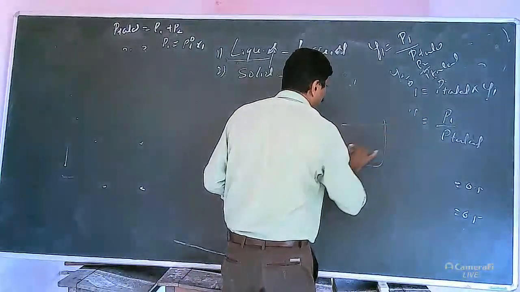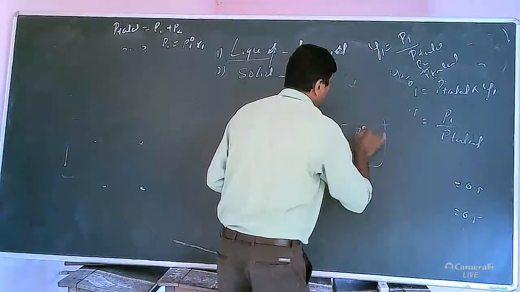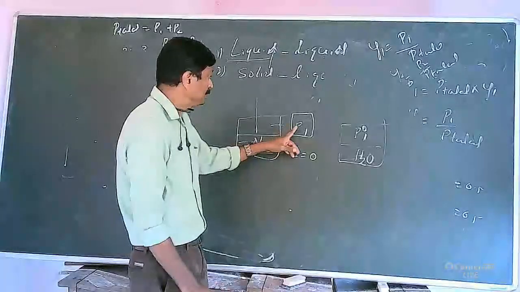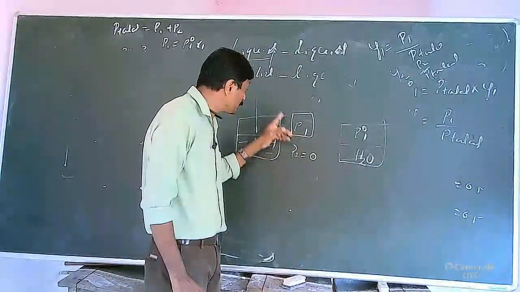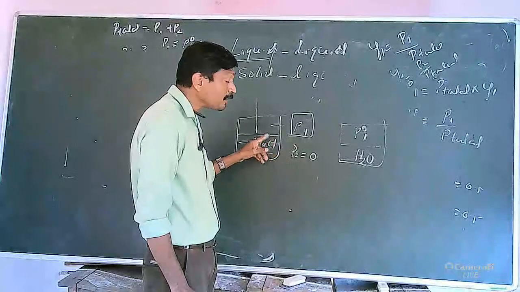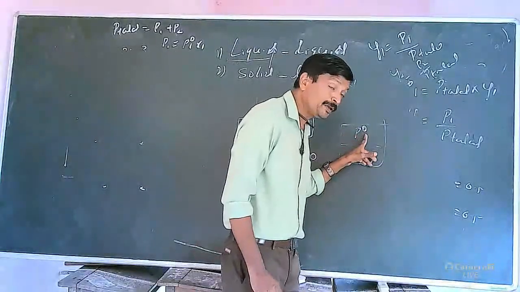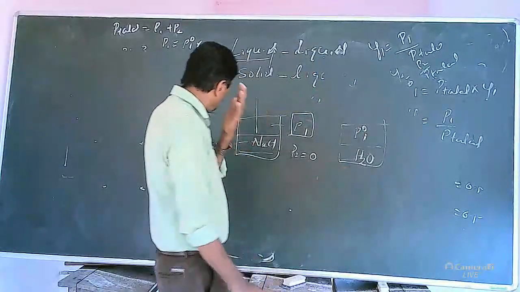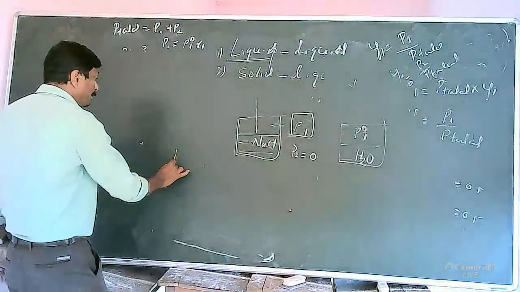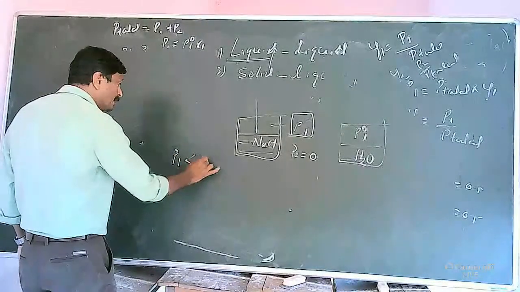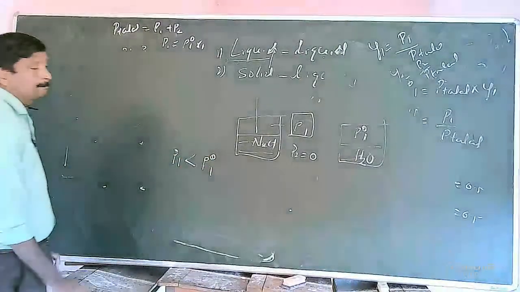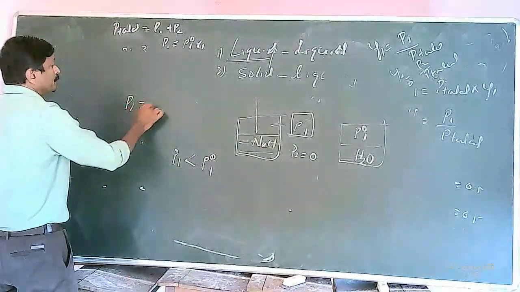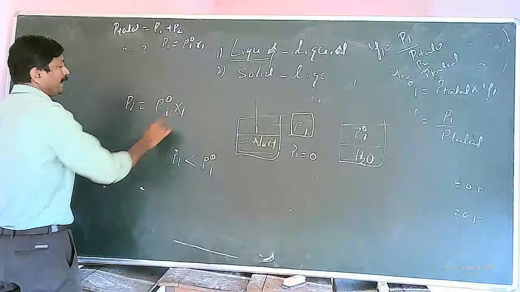Suppose you have only pure water, its vapor pressure is called P01. For the solution, its vapor pressure is called P1. What is P1 here? The vapor pressure of the solution containing a non-volatile solid. What is P01? The vapor pressure of the pure solvent. See, here P1 is always less than P01. How do you write P1? P1 is equal to P01 into X1.